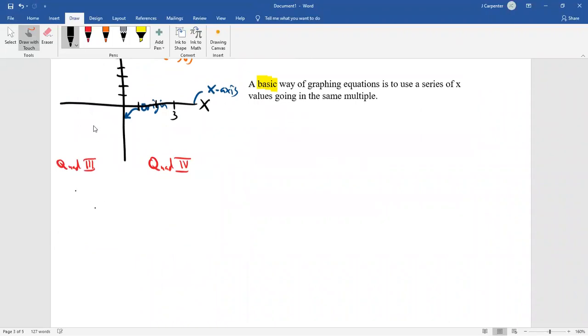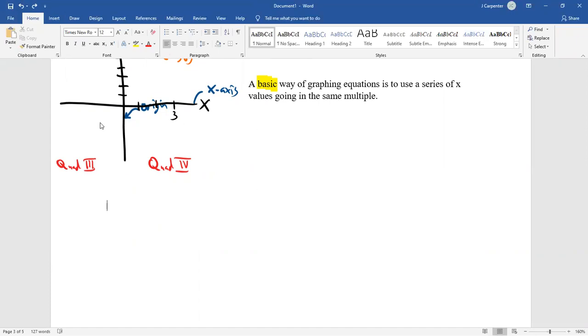So example: graph y equals x squared plus 3.